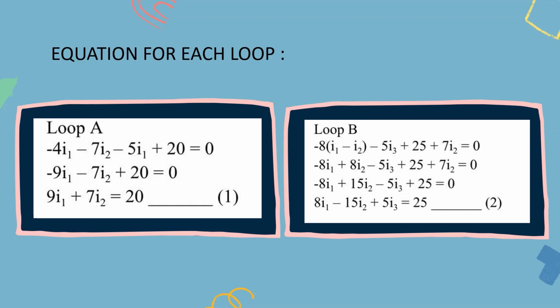You can use these steps for the other equations: the loop A equation, loop B equation, and loops C and D. So the answers are I1 is 75/32, I2 is -5/32, I3 is 25/32, and I4 is 15/32.